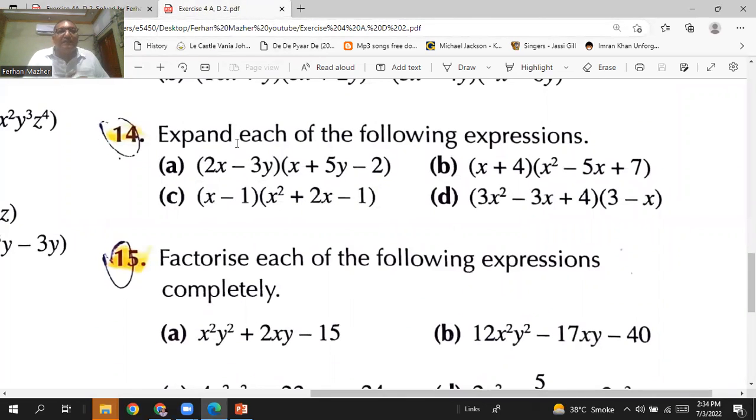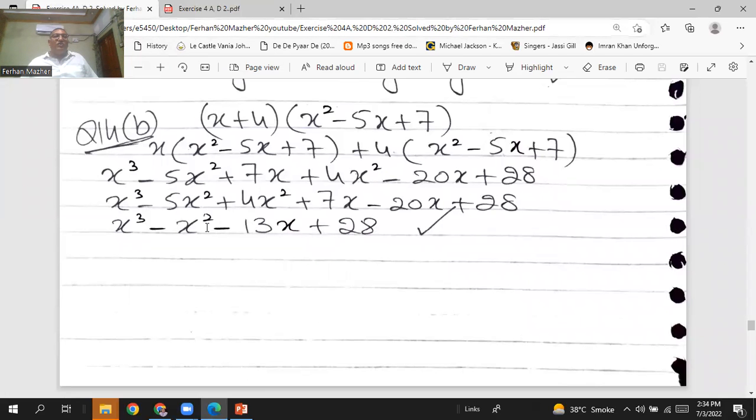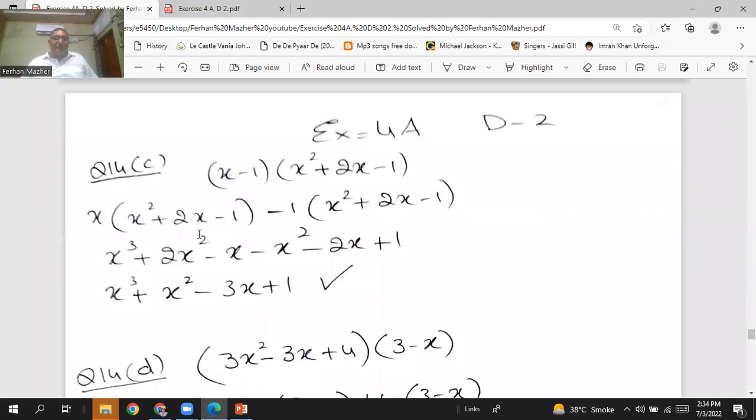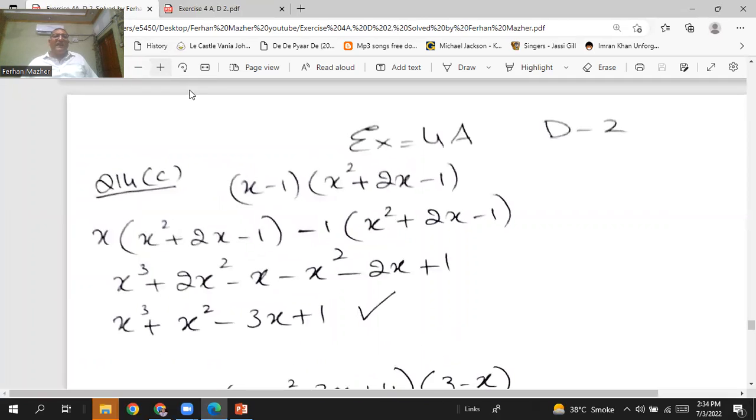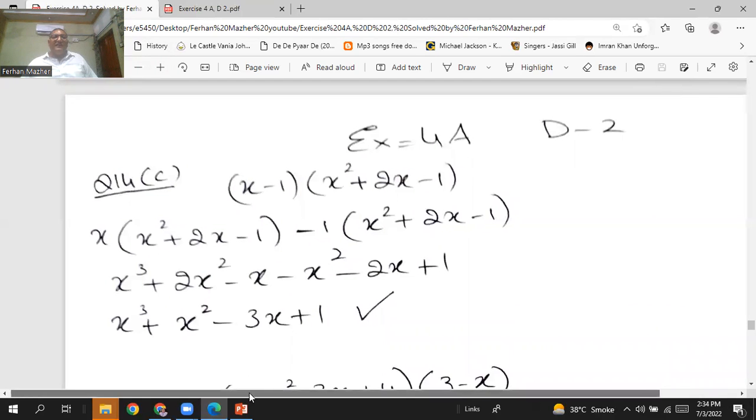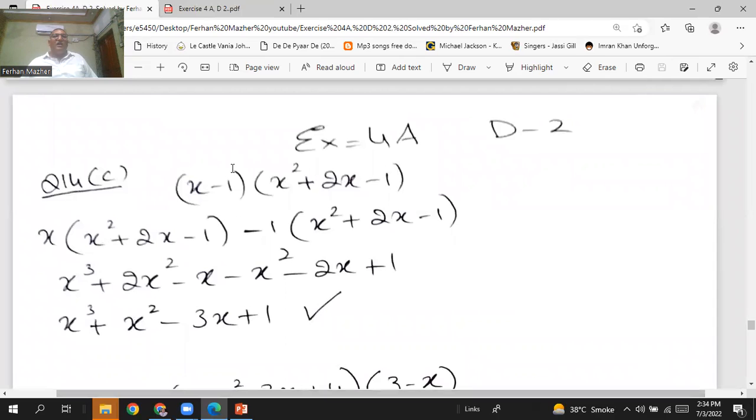Question number 14 is C part. Again, the same kind of question. Okay, so here we go. So first of all, that x will multiply with this bracket, then minus 1 will multiply with this bracket. So we have x(x squared plus 2x minus 1) minus 1(x squared plus 2x minus 1).